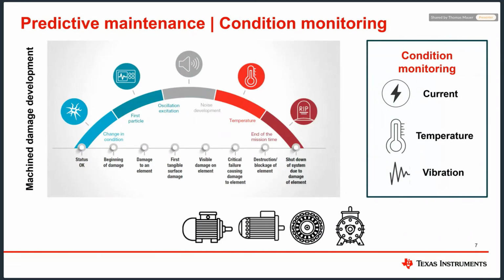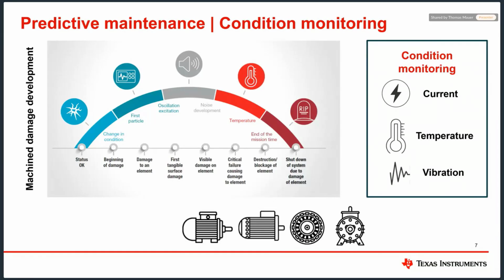And here we have then this damage to an element. At some point in time, you hear an oscillation. I often describe this as an analogy to a car, where when you drive your car, at some point in time, you hear a noise which you think does not belong here.